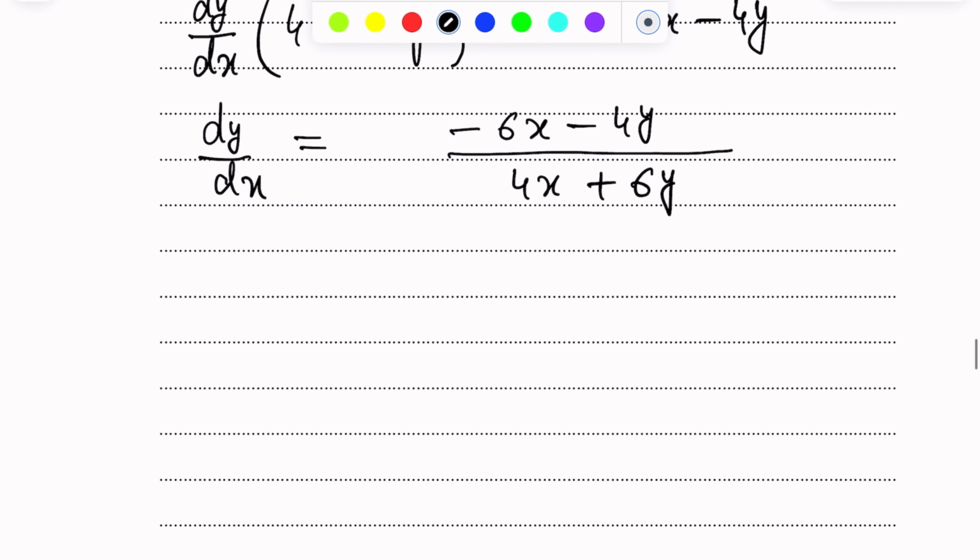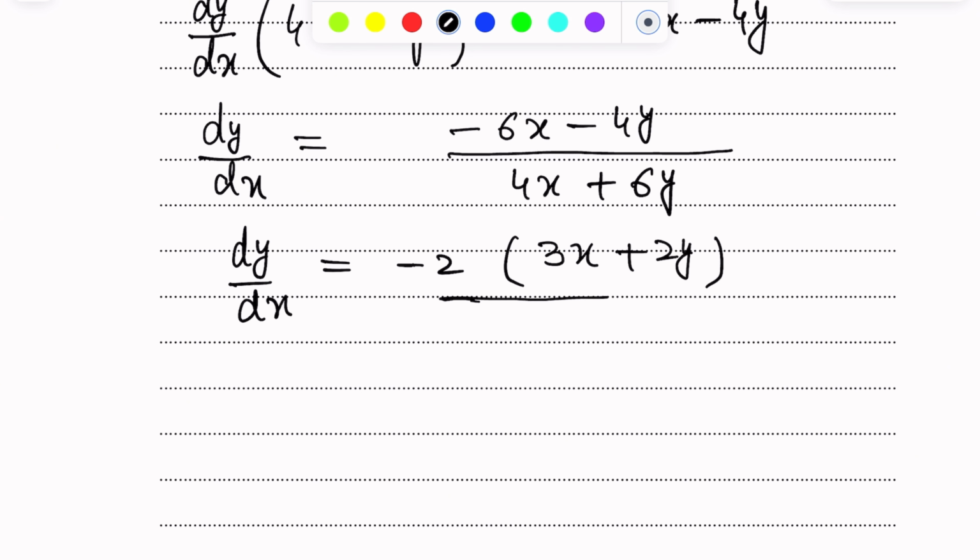Now we can take common minus 2 from the numerator and denominator. 3x plus 2y over 2x plus 3y, the 2s cancel out.